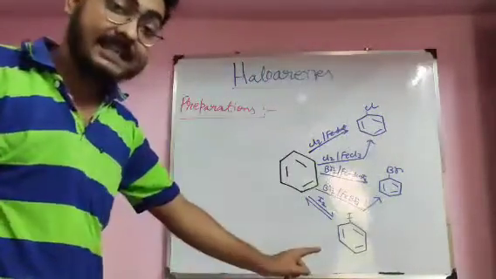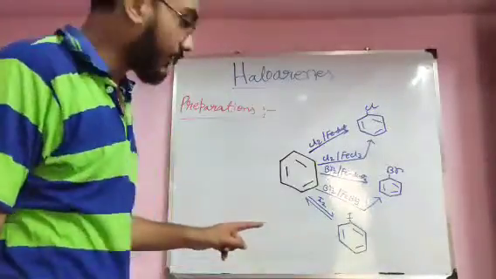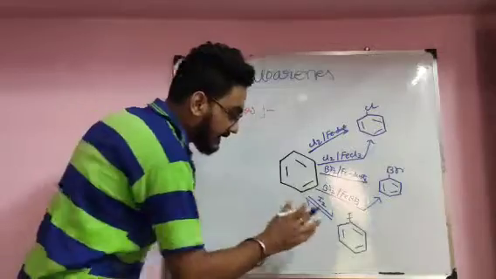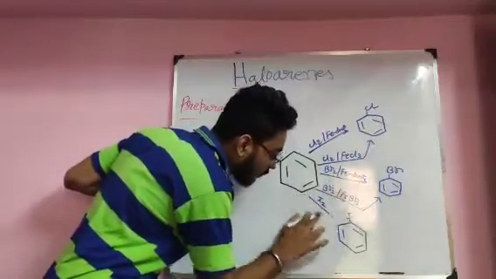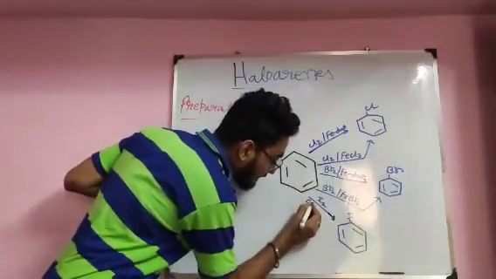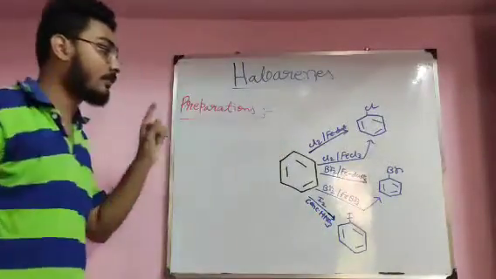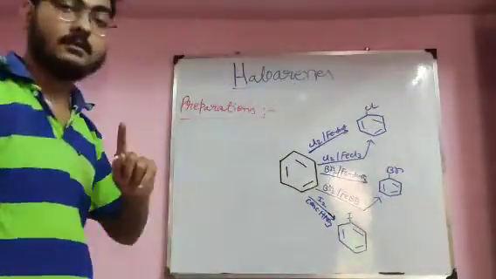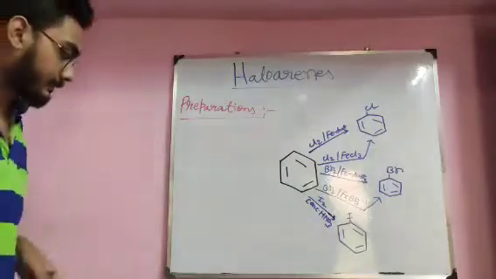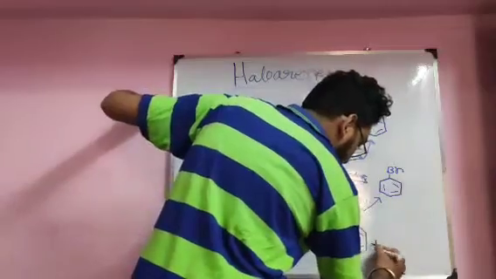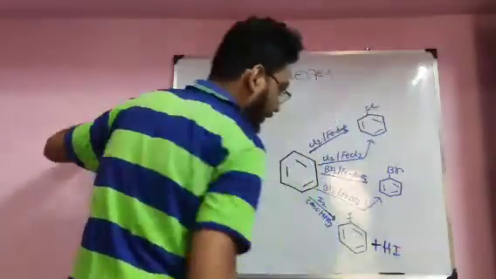This reaction is very slow, so a catalyst is used here. That is I2 and concentrated HNO3 is used to form iodobenzene from benzene. This is a side product, iron iodide.